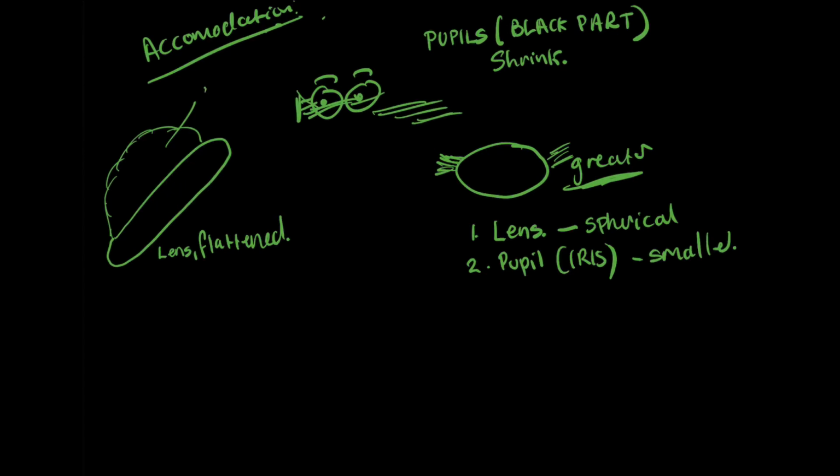Remember we talked about that liquid, the aqueous humor, which also helps affect the refraction that is going to occur. And the pupil, which is controlled by the iris, is going to become what? Well, it makes sense that if the pupil is going to become smaller when things are closer, it's going to become larger when things are further away. So that is basically how accommodation works.